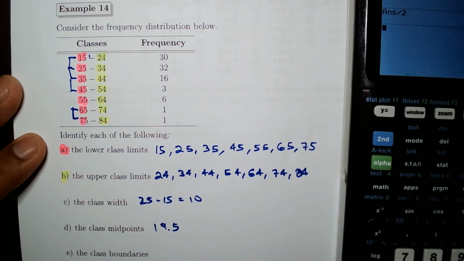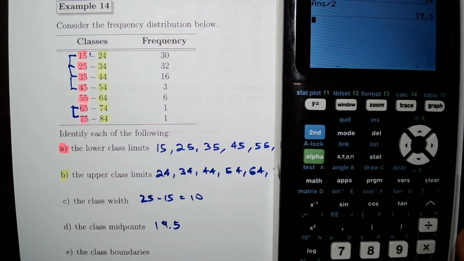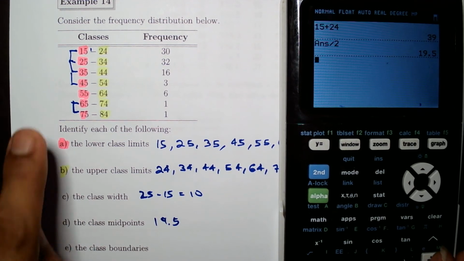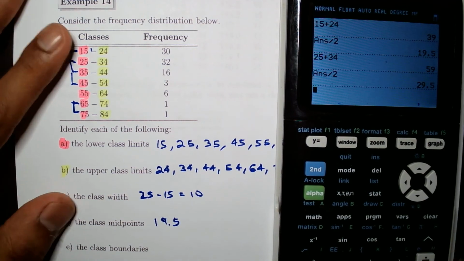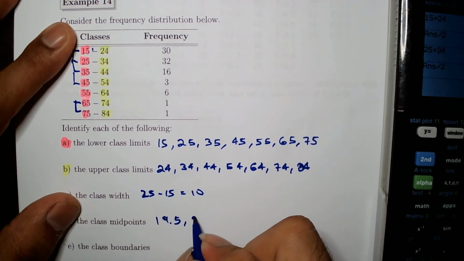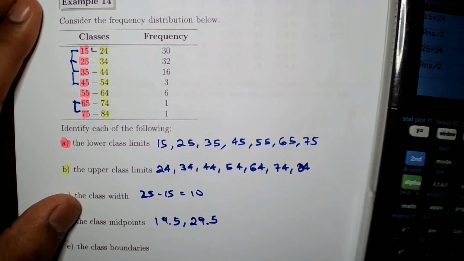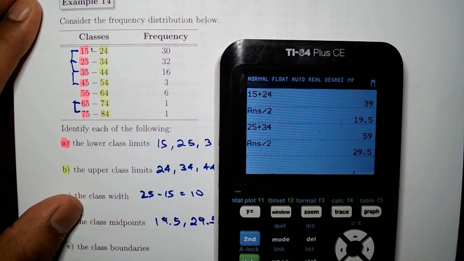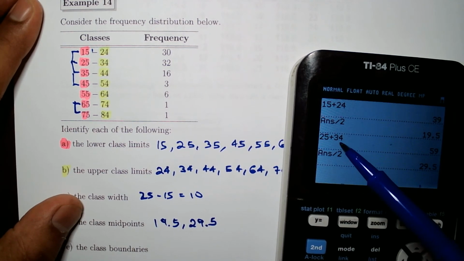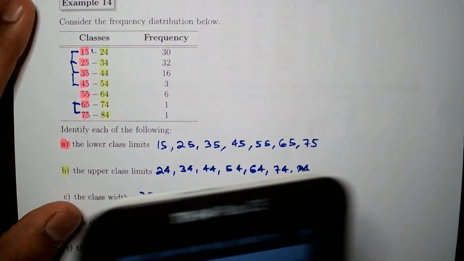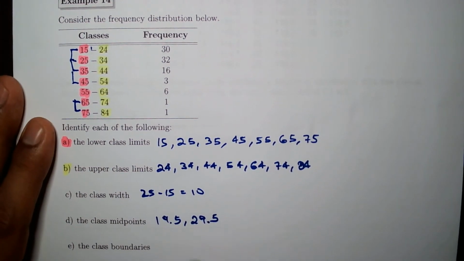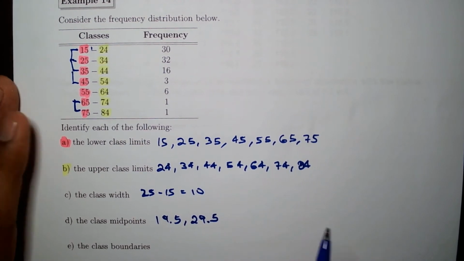And then for the class midpoint of the second class, we do 25 plus 34 and then divide that by 2. What are we going to get? 29.5. Now, if you don't want to do all those calculations, because it could be a little bit tedious to do this number plus that number, enter, divide by 2, enter, that might take a while, all you can do is simply add the class width.